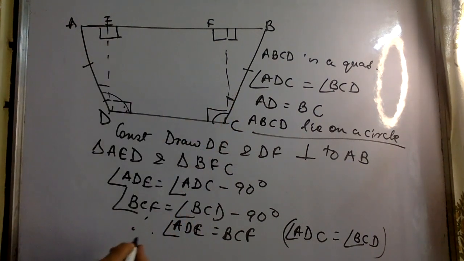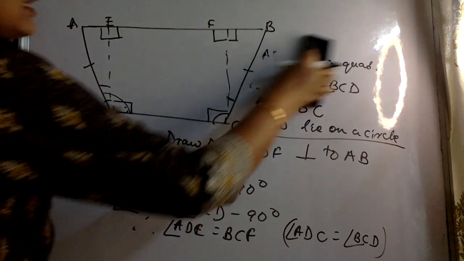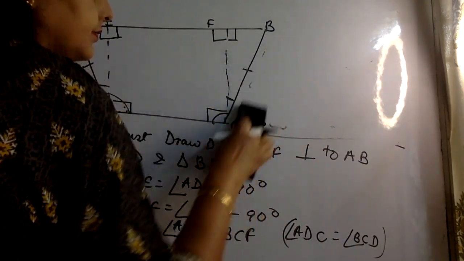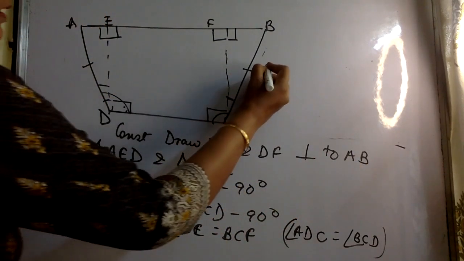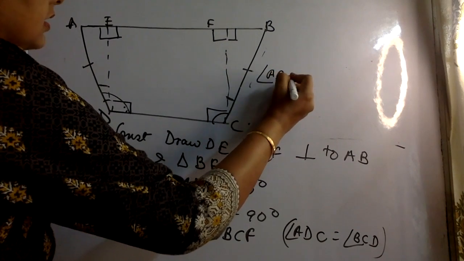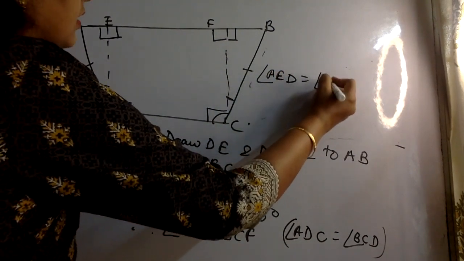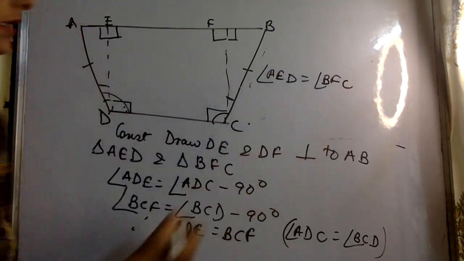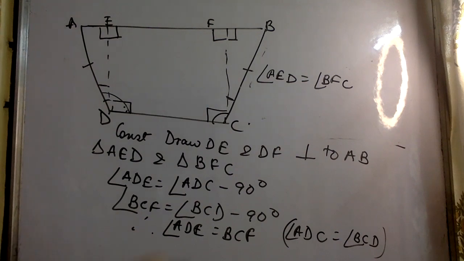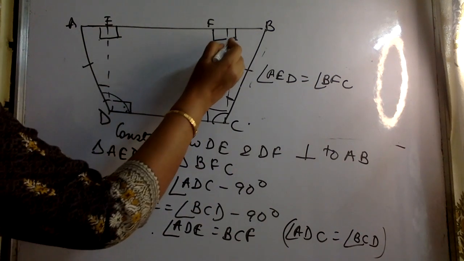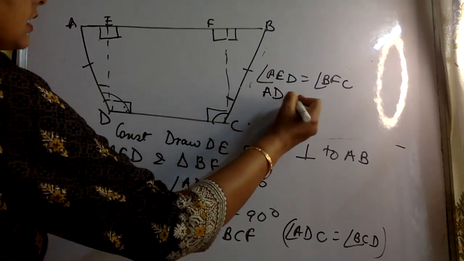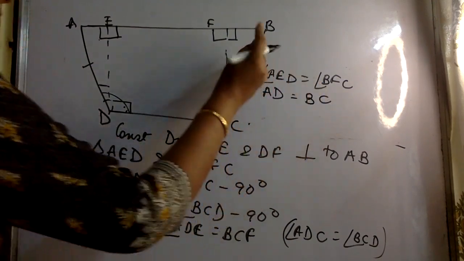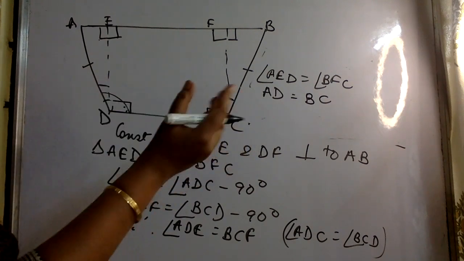Then the next part is angle AED is equal to angle BFC, that is these two 90 degrees. And also AD is equal to BC, that is again given.